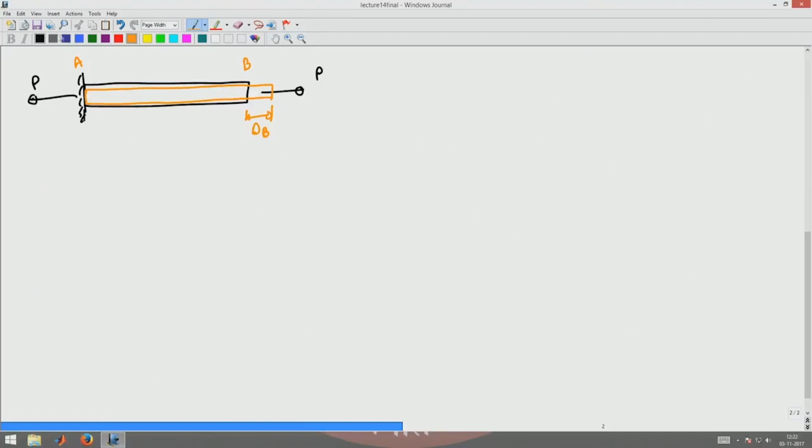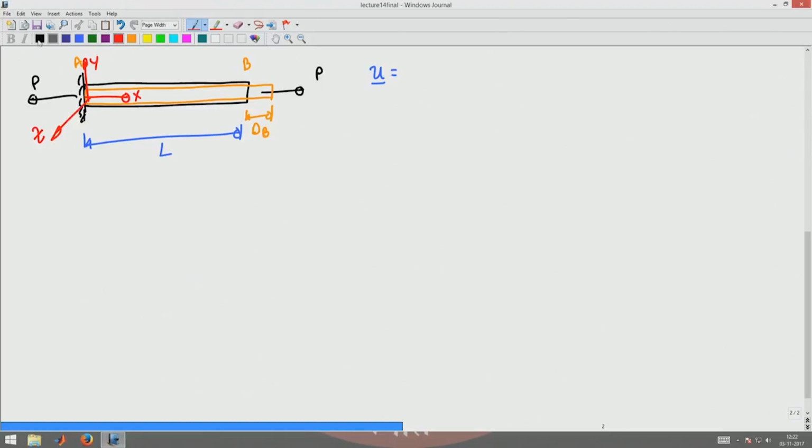So, the displacement field I assume is a displacement field u, which is, I want this displacement to be delta B at a distance L from the end A. Say the length of the bar initially was L. Let us assume a coordinate system, let us assume this is x, this is y and this is z, then it is getting displaced by amount delta B along the x direction at x equal to L. And at x equal to 0, I know that the x component of the displacement field is 0.